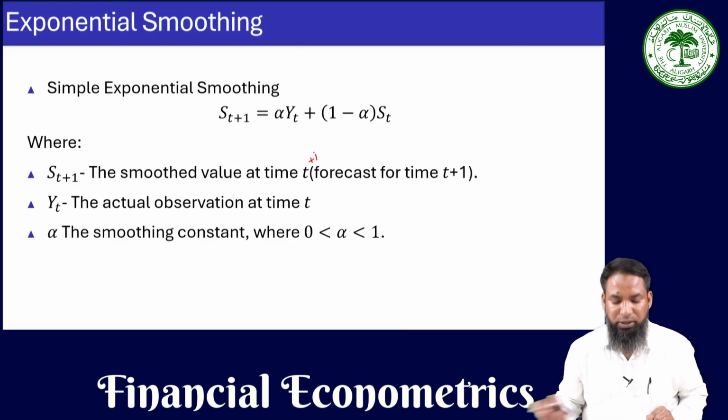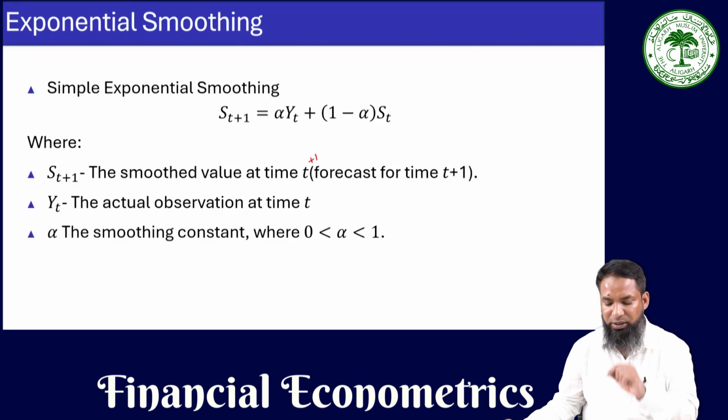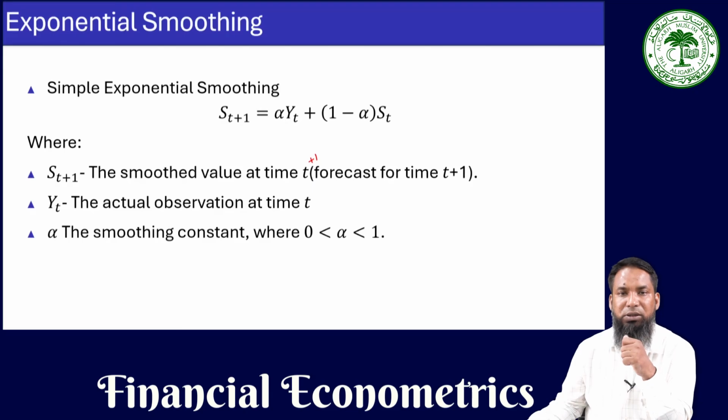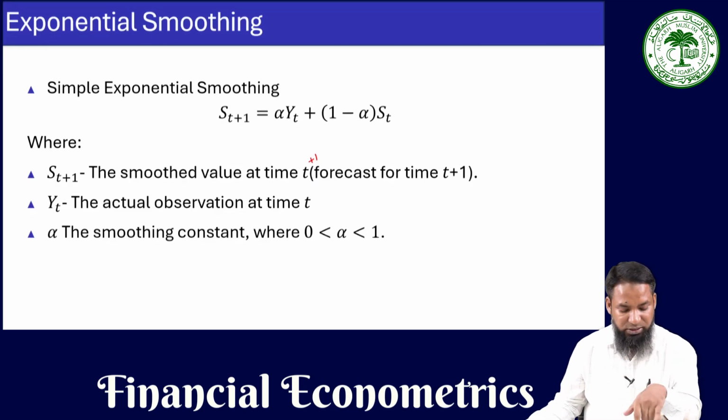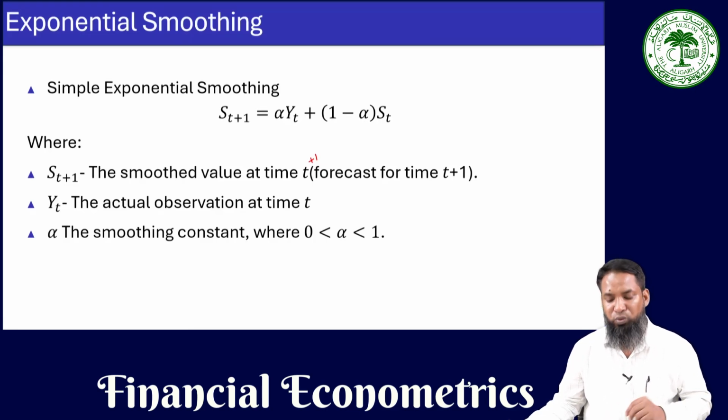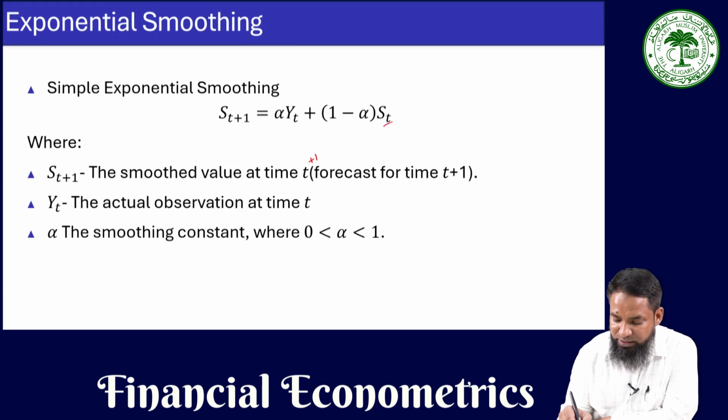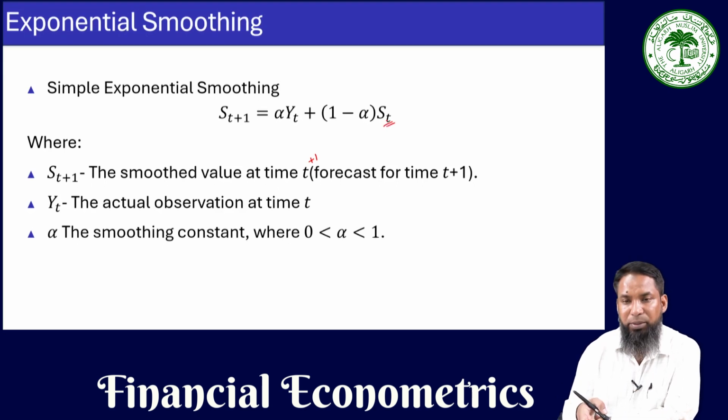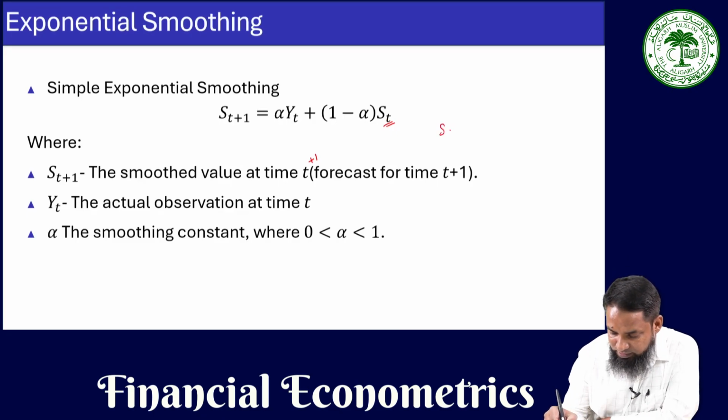So basically, the smoothed value at time t is the forecast for time t+1. Here y(t) is the actual observation at time t, and alpha is the smoothing constant, where alpha lies between 0 and 1. Here s(t) depends on the previous value, so we can write s(t) as alpha y(t-1) + (1 - alpha) s(t-1).